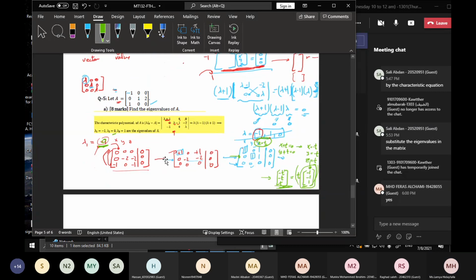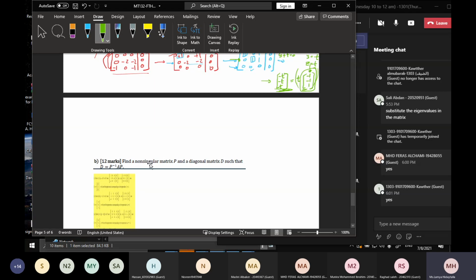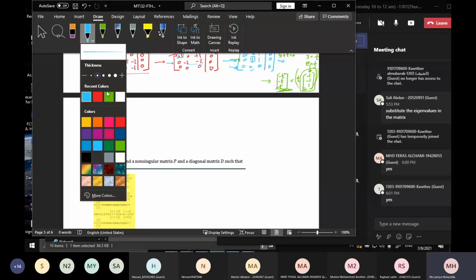Clear? Part B. He is asking to find a non-singular matrix P and a diagonal matrix D such that D equals P inverse A P. Let me remind you of our last class. What do we have?